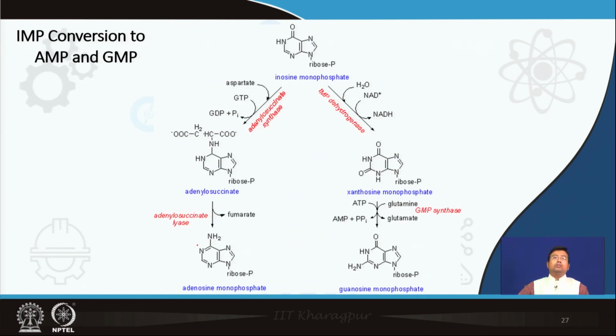So, just as we discussed, after IMP is formed, it is converted to AMP and GMP. If we look at the conversion of IMP to AMP, this is often referred to as step 11, because the first 10 steps, which are controlled by multi-subunit channeling reactions, are catalyzed by only the first 10 reactions. So, what happens? Adenylosuccinate synthetase, where an active phosphate group is involved, it is GTP.